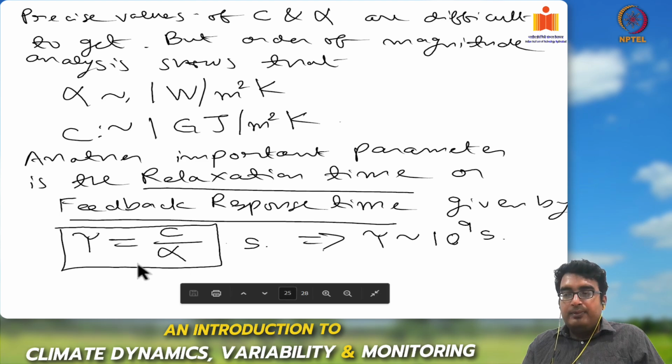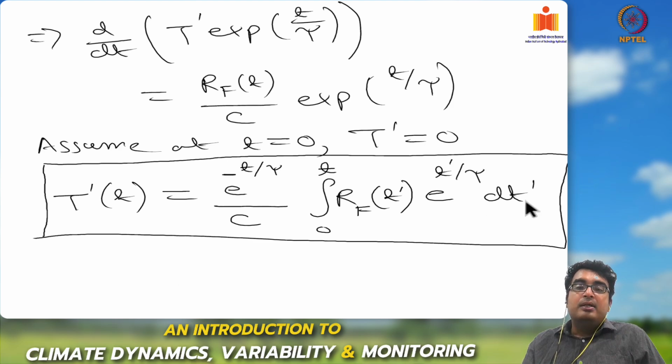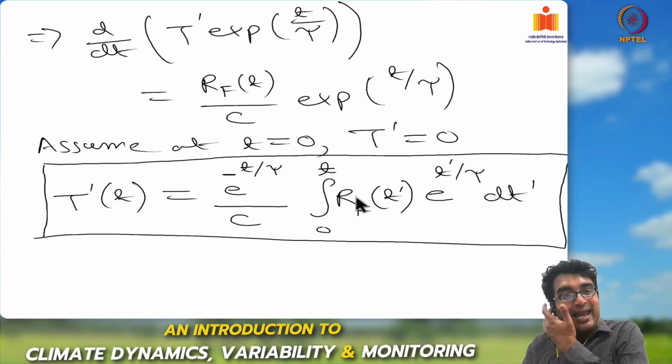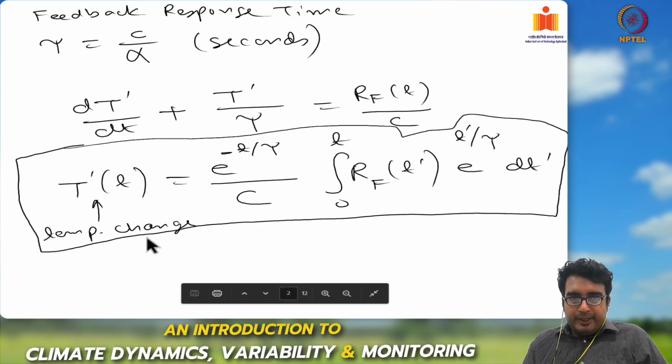So the alpha term, the climate feedback parameter term, remains in this equation. Now we will look at some solutions to this problem to understand how the physics is changing because of the different types of radiative forcing that can exist. So we have found this expression. This is the temperature perturbation or temperature change.